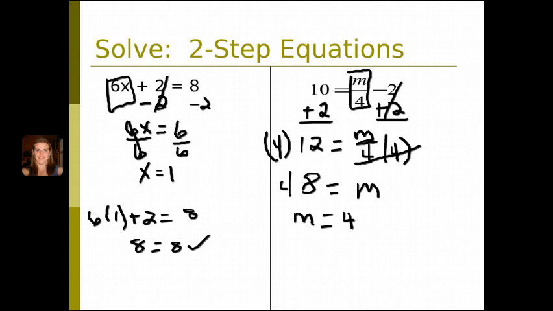And now we need to check our work. So we say 10 equals 48 divided by 4 minus 2. 48 divided by 4 gives us 12. 12 minus 2 gives us 10.